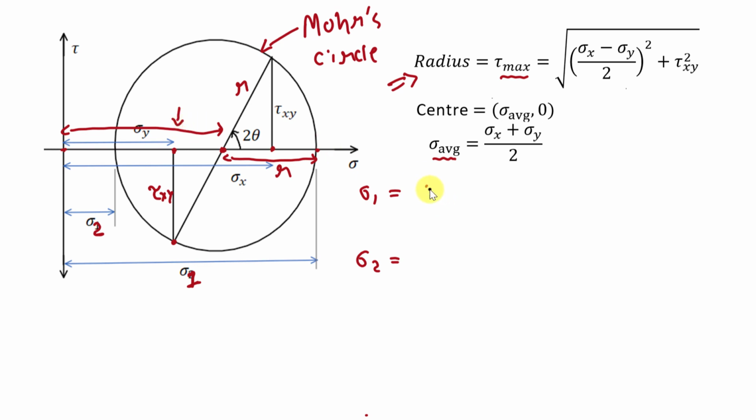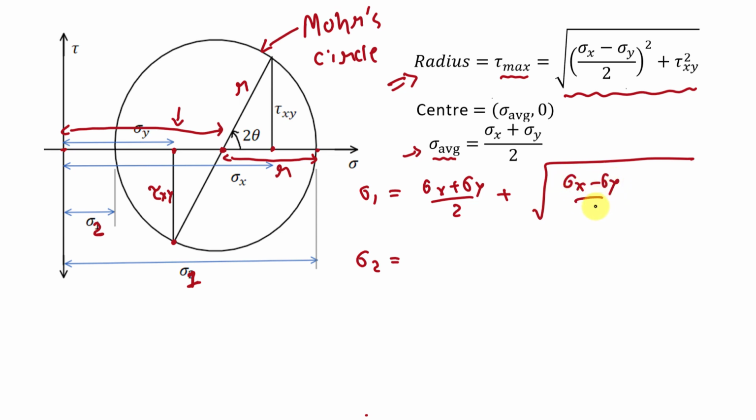It is sigma x plus sigma y by 2, right? That we have found here. And what is the radius of this Mohr circle? It is this value. So it will be under root of (sigma x minus sigma y by 2) square plus tau xy square. So this is the equation to find out maximum principal stress in the body.